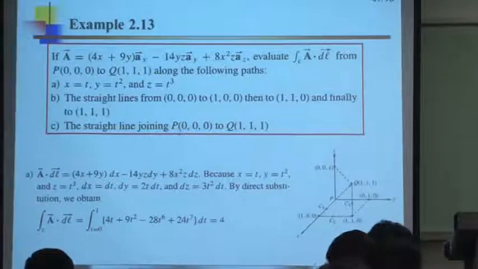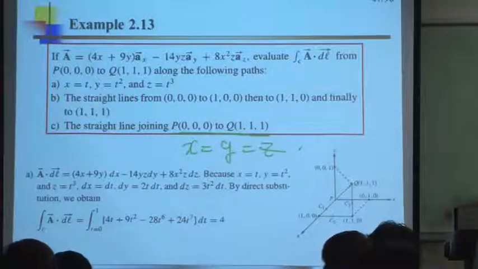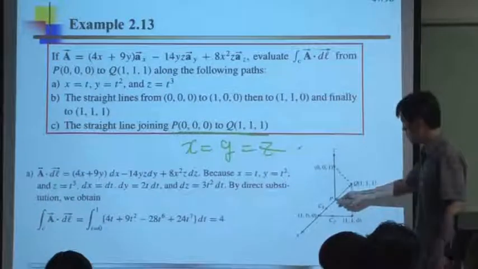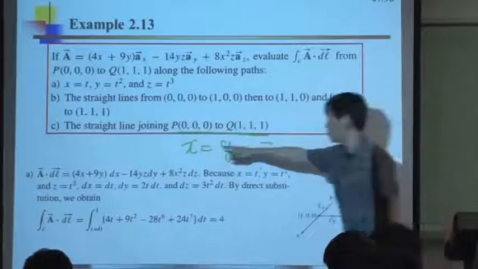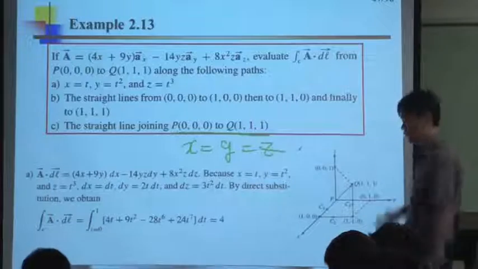So this line means x equal y equal z. If you give this constraint, then all the points must be on this line.